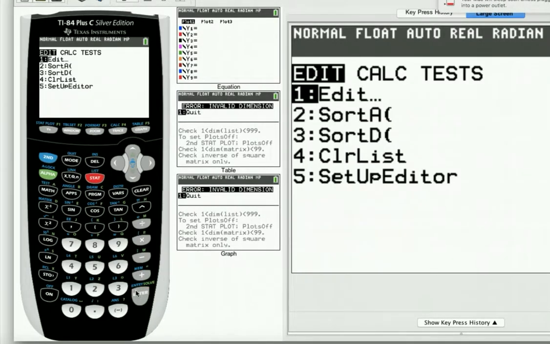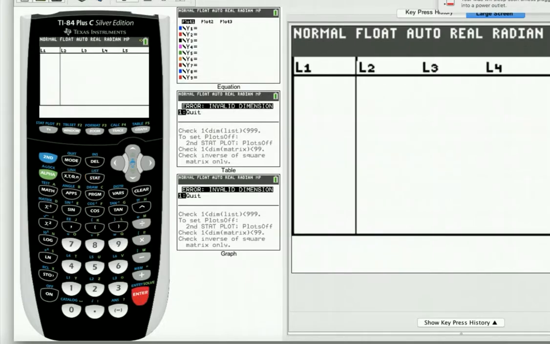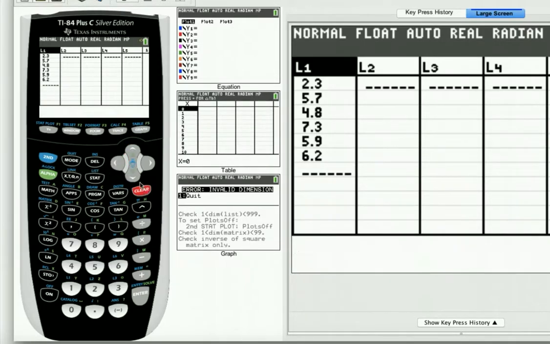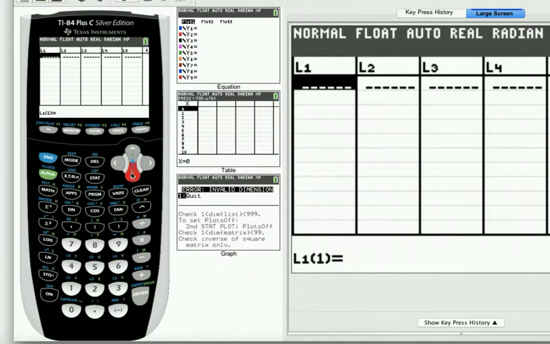So I'm going to go Stat, Edit, clear out my L1 and my L2, and then plug in my new values. The x values are 1 to 10.